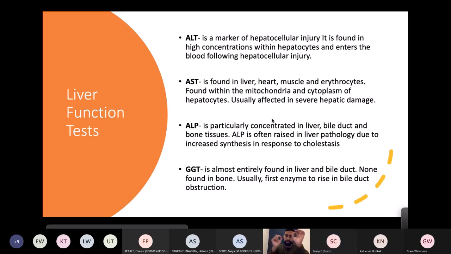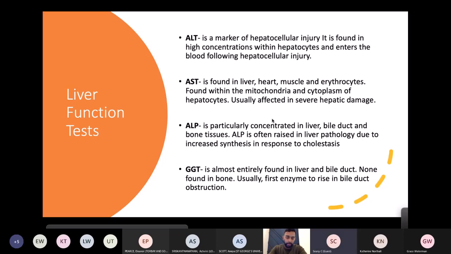As part of it is in the liver, you get a bit of ALP there as well. ALP is also found in bones. So a rise in ALP could indicate either a bile duct issue or something with bones. It's usually when there's increased bone turnover, such as in certain bone cancers, where you might get a raised ALP.